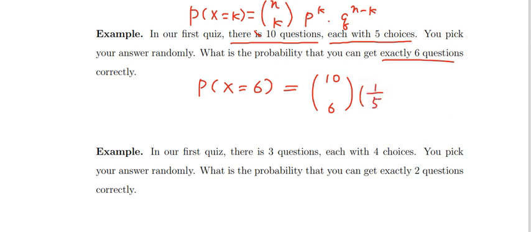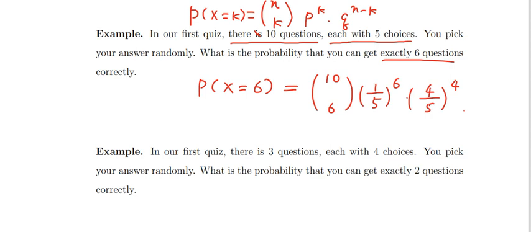So this good thing happens 6 times, and then the bad thing, not correct, happens the remaining 4 times. So this is our answer. We just put this as our final answer. We don't need to find a numerical value, right? We just keep this.